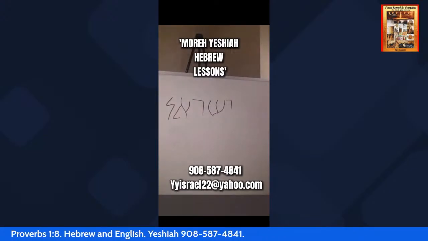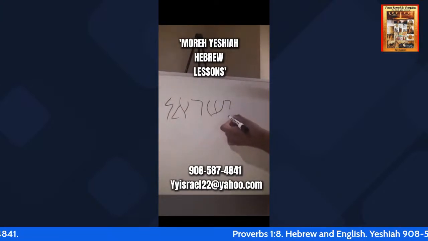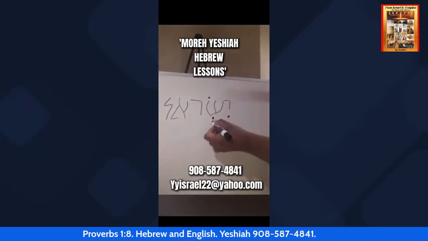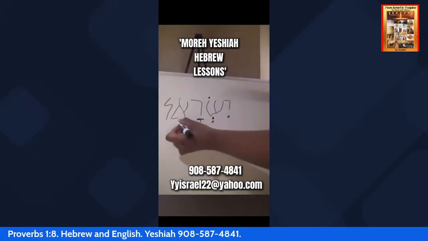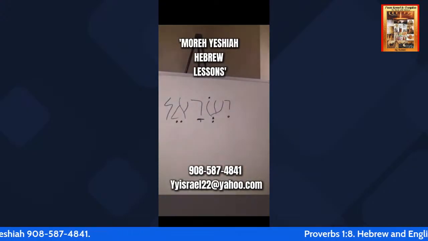Now, next thing to point out with this, brothers and sisters, when we're seeing Yisrael, this is the Yod, the Kirik, the Sin, the Shawar, the Resh with the Kwamat, and the Lamed with the Zareh. Now, let's look at this very carefully.